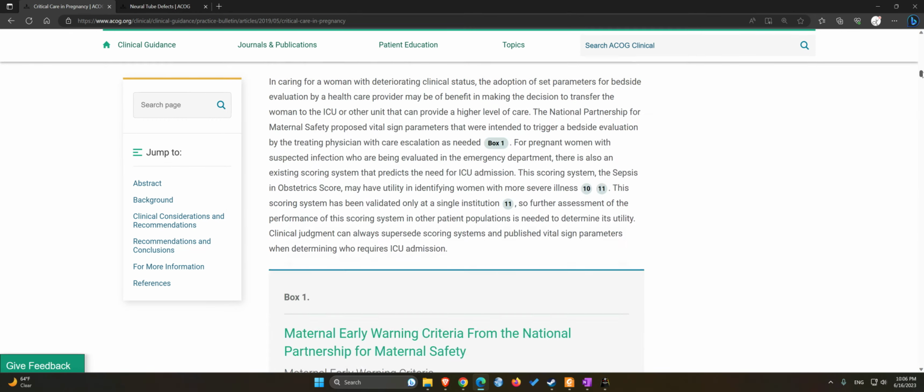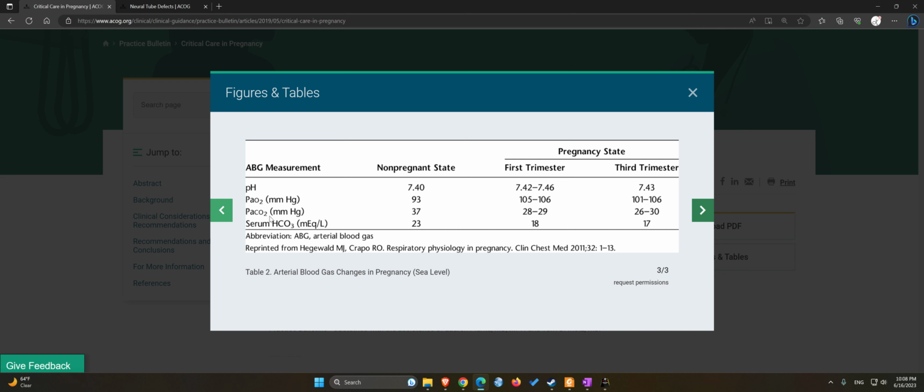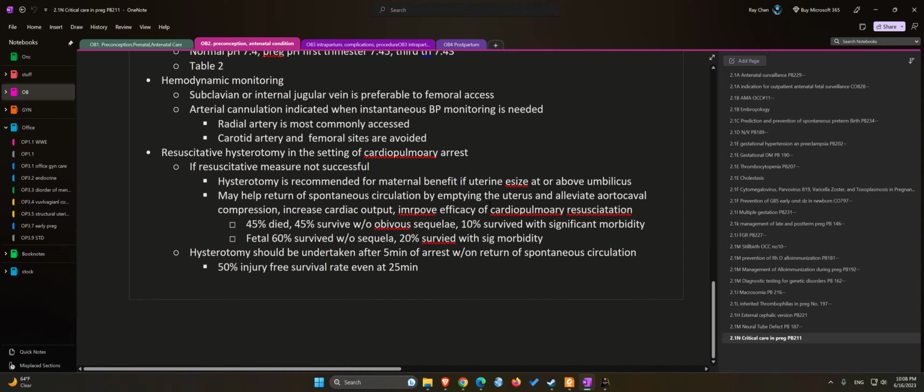So higher PaO2 and lower PaCO2. Serum bicarb normal 28, first trimester is 18, third trimester is 17. So increased PaO2, decreased PaCO2, and decreased bicarb to compensate. Or is it respiratory alkalosis? So that's that.